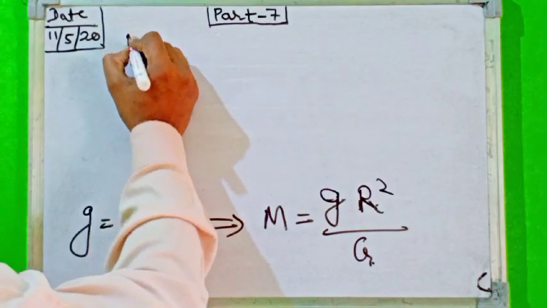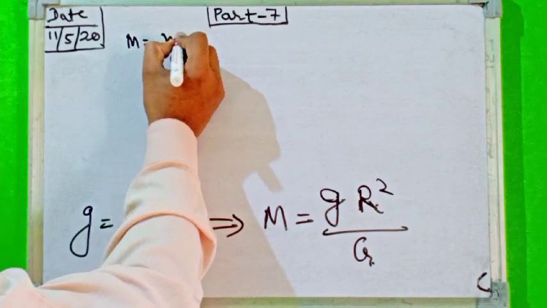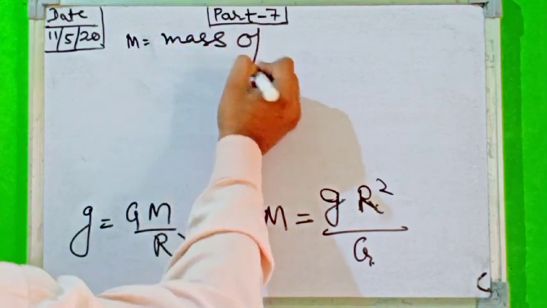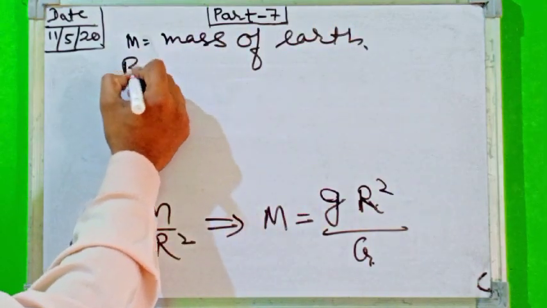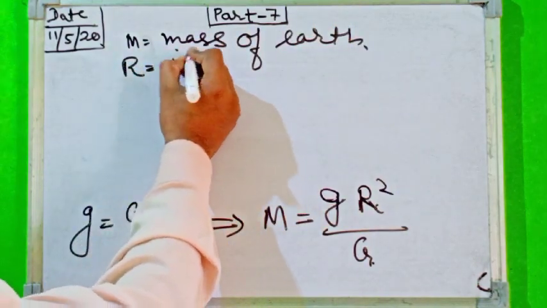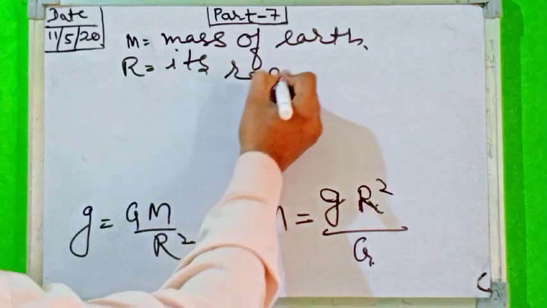Capital M is equal to the mass of the earth. Capital R is equal to its radius.